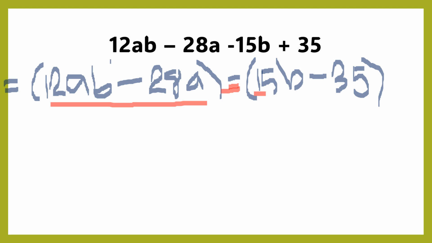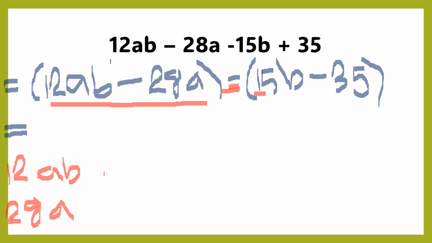Okay, put equals. Let's solve the first binomial using common monomial factoring. The first term is 12ab. The second term is 28a. Now, if you have 12 and 28, its greatest common factor is 4. 12 divided by 4 is 3, and we have a, b.